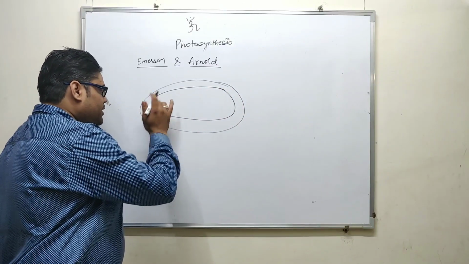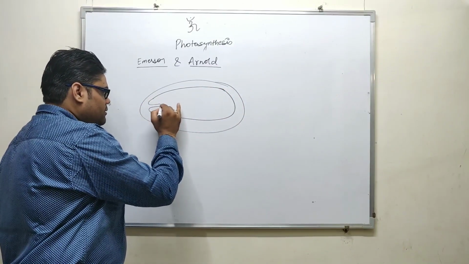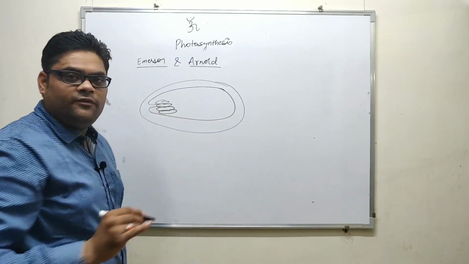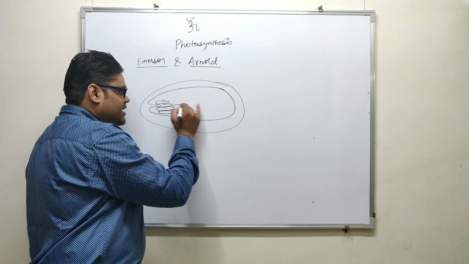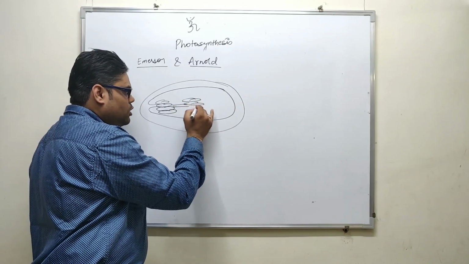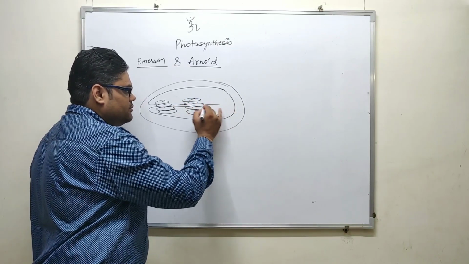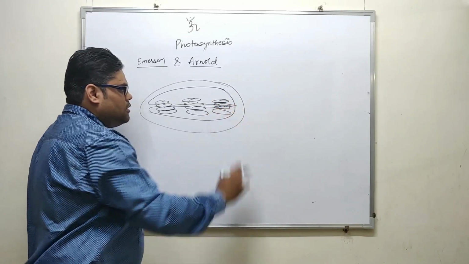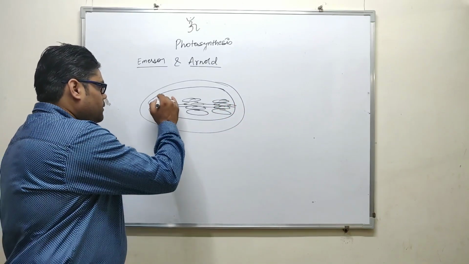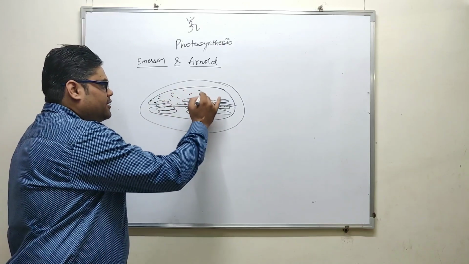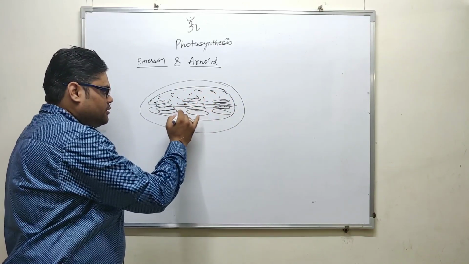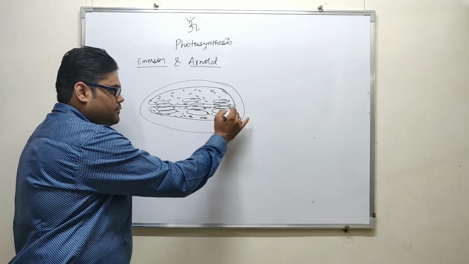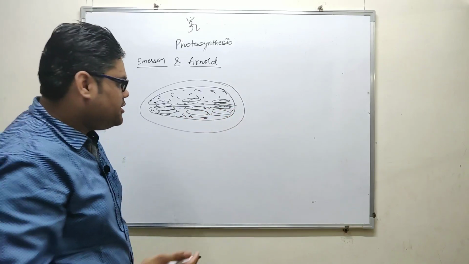Thylakoids, if we talk about them, the chloroplast is a double membranous structure, and the inner membrane invaginates to form these sac-like structures, and these are known as thylakoids. The matrix contains enzymes.